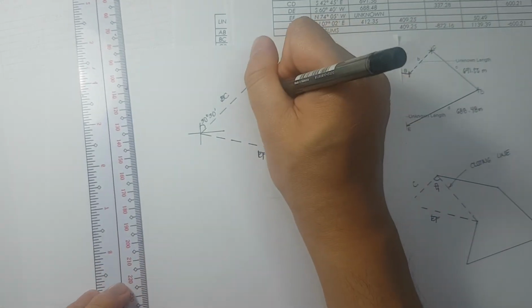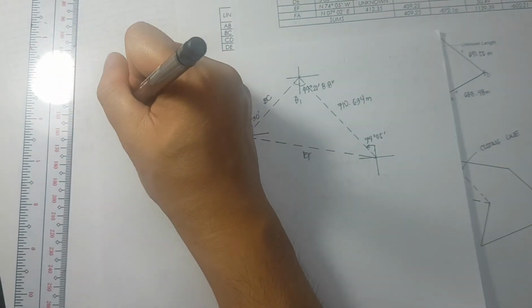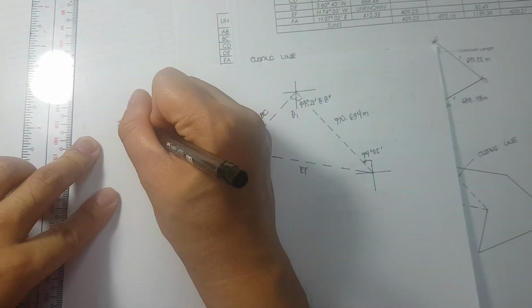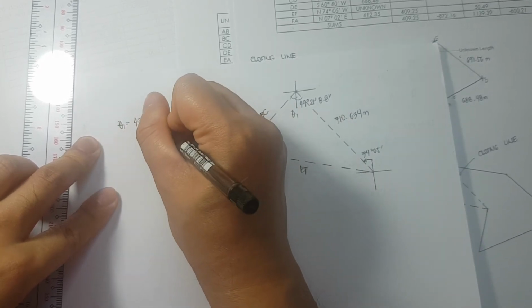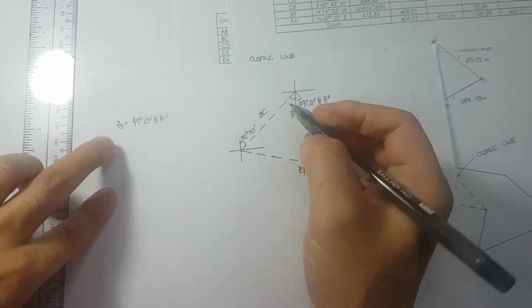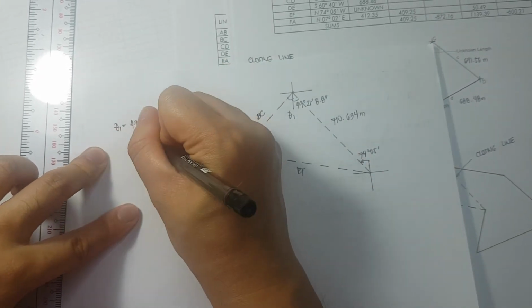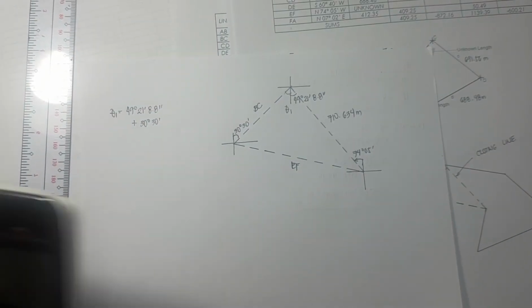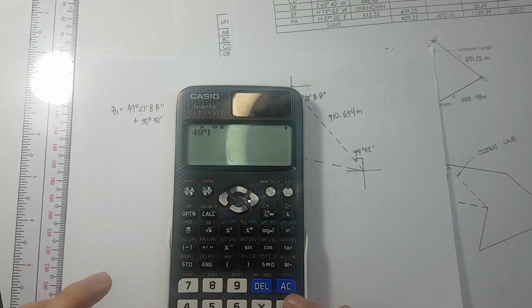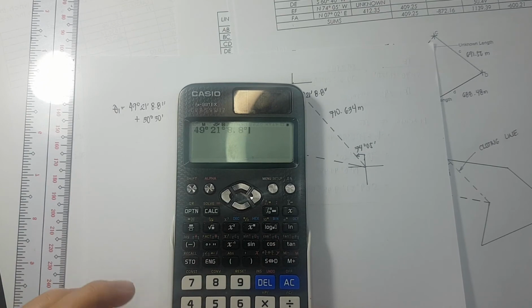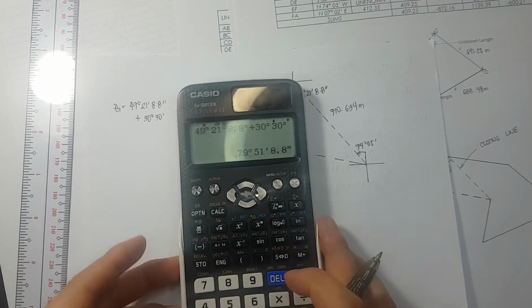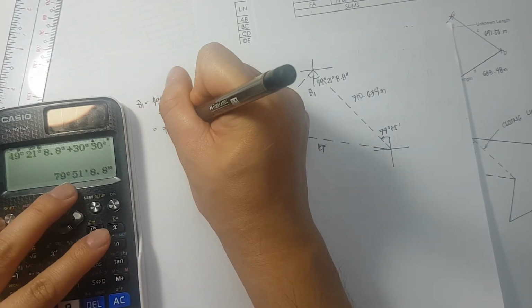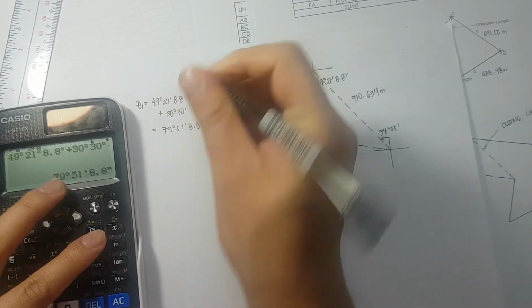So theta 1 therefore is equivalent to 49 degrees 21 minutes 8.8 seconds plus 30 degrees 30 minutes, which is 79 degrees 51 minutes 8.8 seconds.